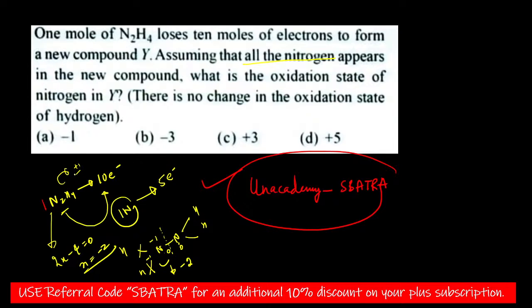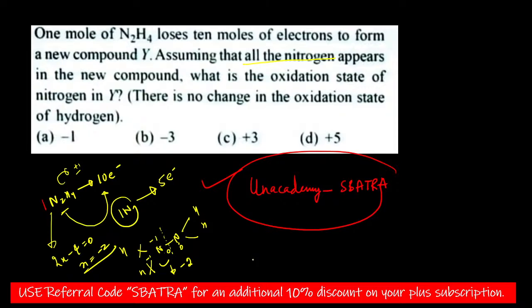Hydrogen is already present in the +1 oxidation state, so it's not possible for hydrogen to undergo oxidation. It cannot lose electrons, as simple as that. So nitrogen is going to lose electrons. If N2H4 loses 10 electrons, that means 1 nitrogen loses 5 electrons.